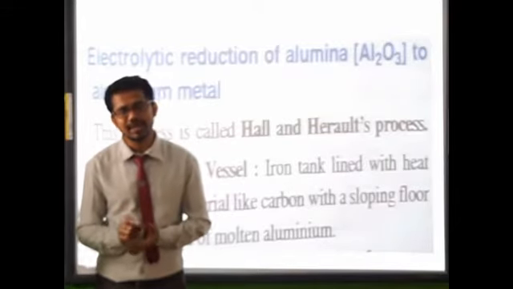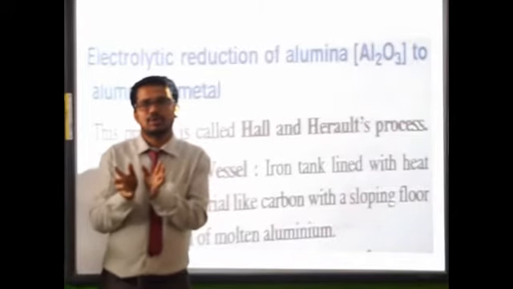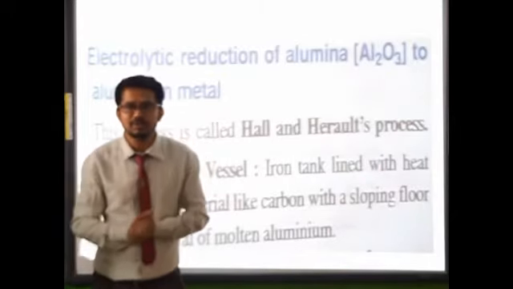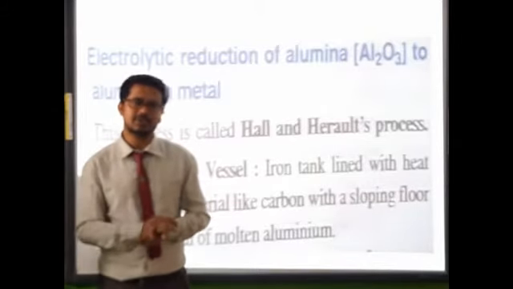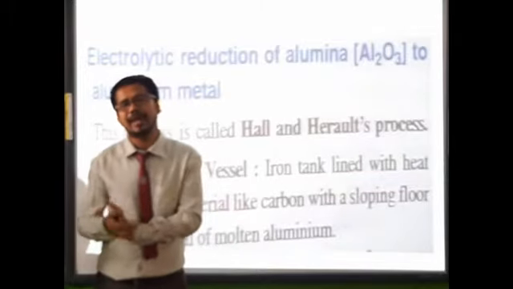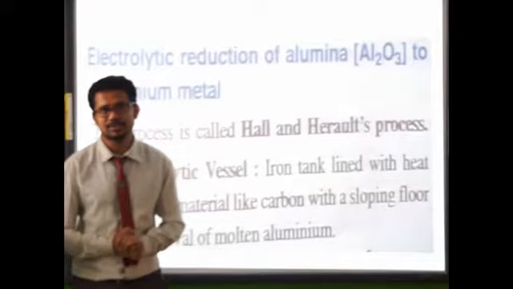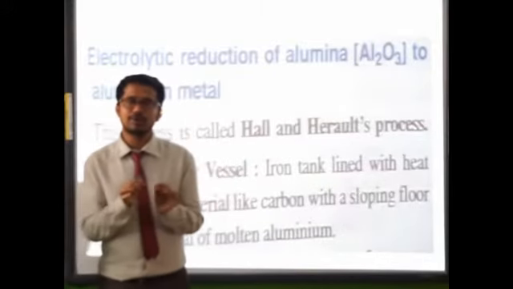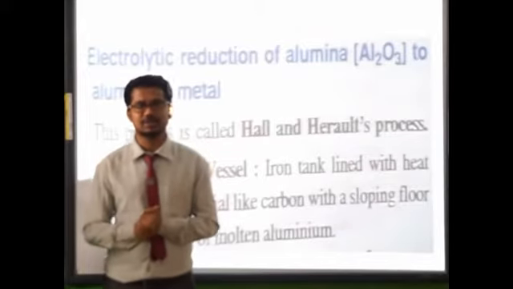So whenever you are asked a question, which process of oxidation will follow for extraction of aluminium, whether roasting or calcination, then you will say none of them, because we will be getting aluminium oxide directly from step number 2, that is concentration of ore using the chemical method. So for extraction of aluminium, there is no need of roasting and calcination.